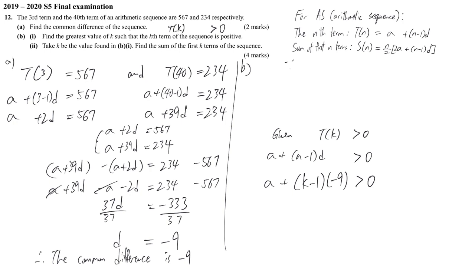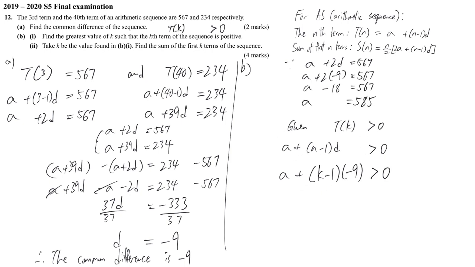Since we already know A plus 2D gives you 567, and D is negative 9, therefore A is 585.